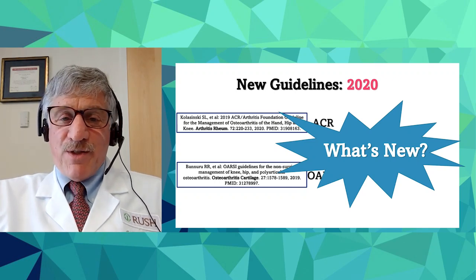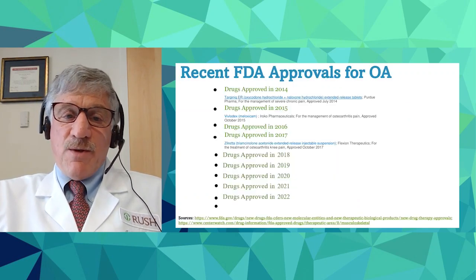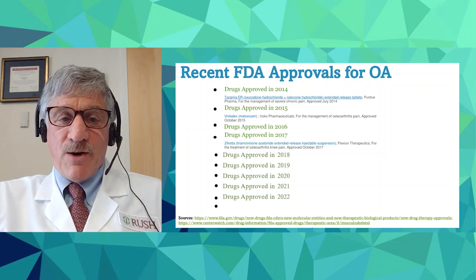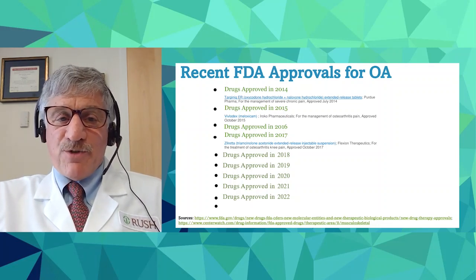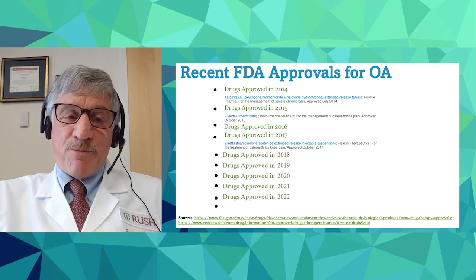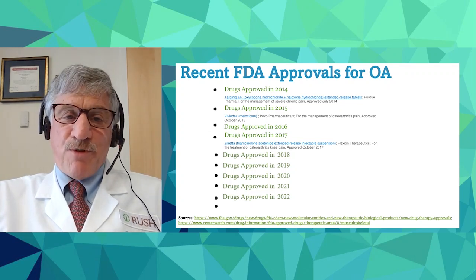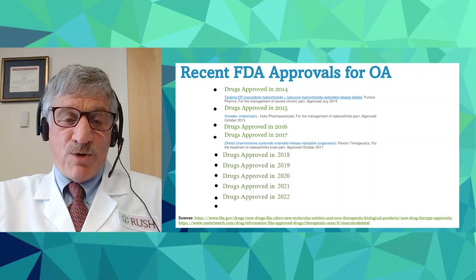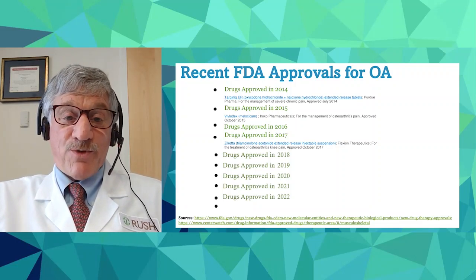Why? Was there anything new in OA at that time? Well, if you just look at drug approval between 2014 and now, what you find is that there wasn't much. There was a new preparation of an old opiate, there was a new preparation of an old nonsteroidal, and there was a new preparation of an old intra-articular steroid, and that was it.